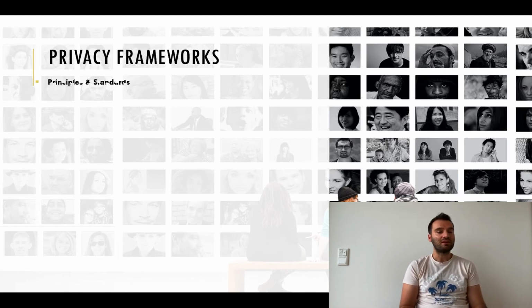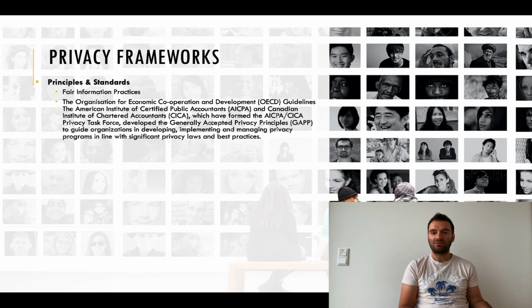So first, principles and standards. These are fair information practices, the Organization for Economic Cooperation and Development, or OECD, which has guidelines on the protection of privacy and transborder flows of personal data.